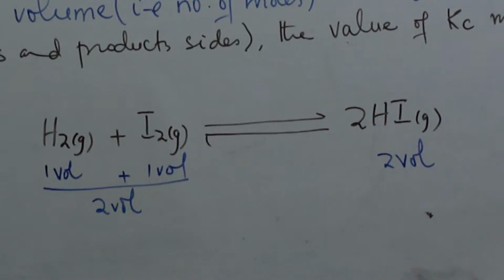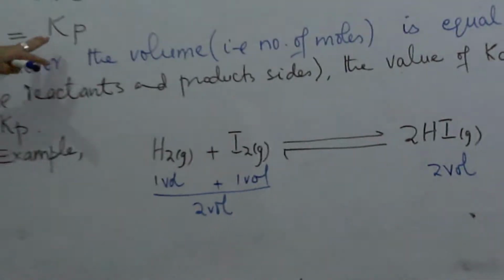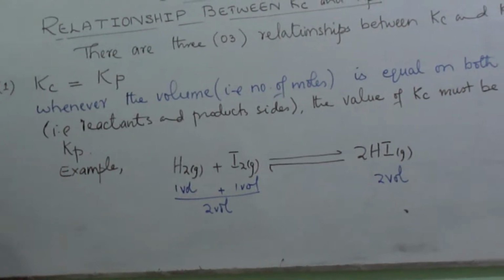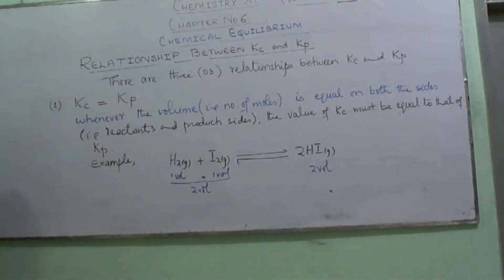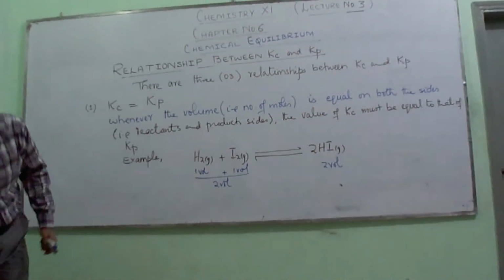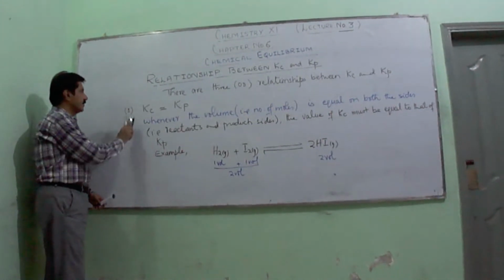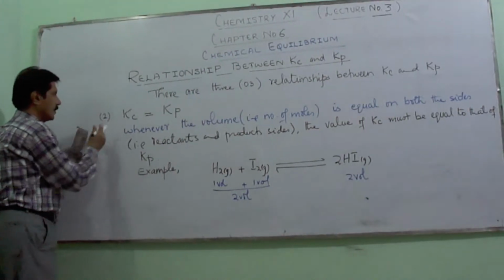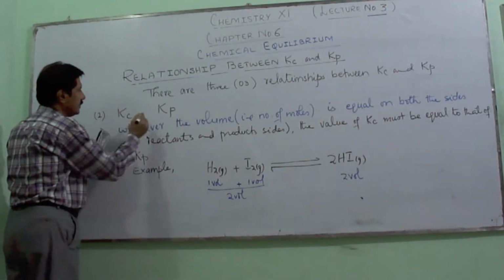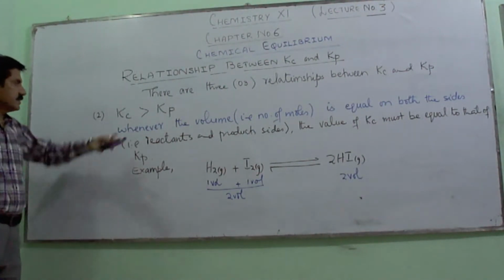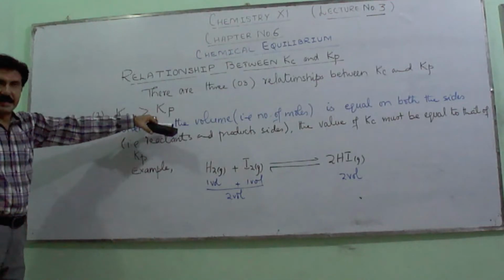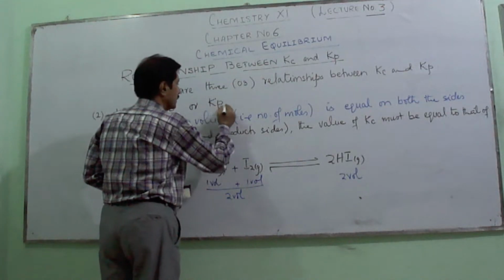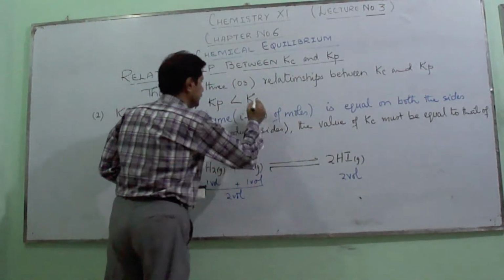So in such a case, Kc and Kp must be equal to each other. This is the first relationship between Kc and Kp. Now, proceeding further, if I talk about the second relationship, it says Kc becomes greater than Kp, or it shall be written as Kp becomes less than Kc.